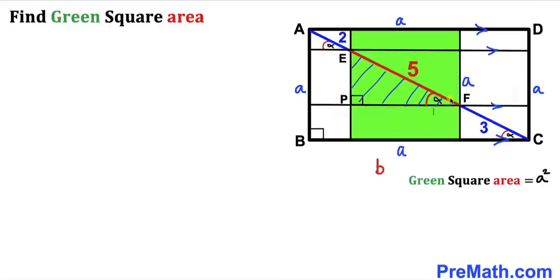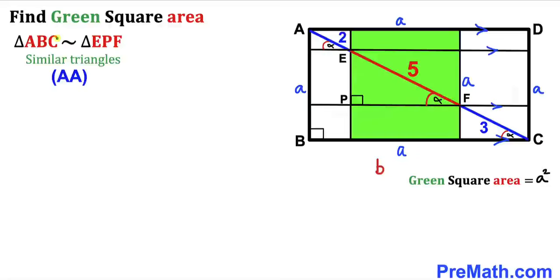We conclude that the big right triangle ABC and right triangle EPF are similar triangles according to the angle similarity theorem, since these angles are 90 degrees each, and these angles are corresponding angles.